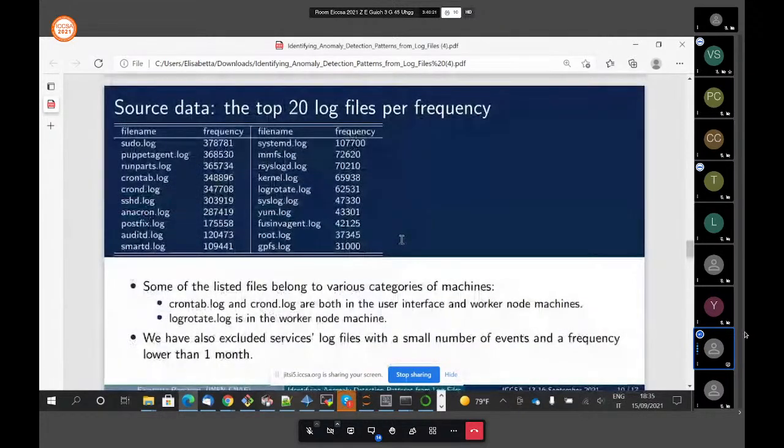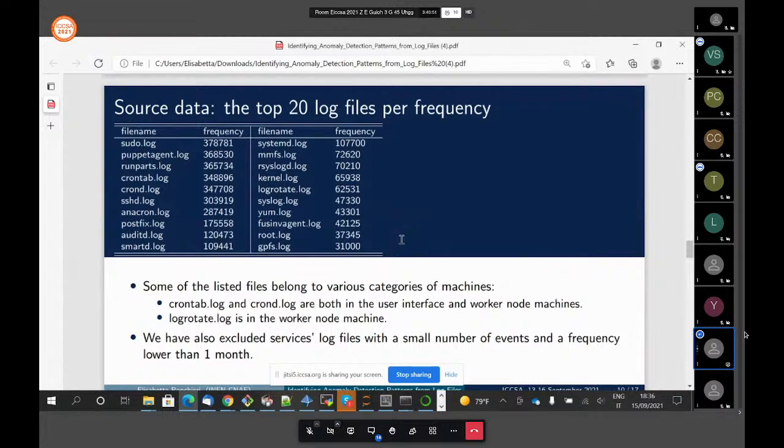So here I summarize the first 20 log files per frequency available at the time of this study. We decided to exclude log files of services with a frequency lower than 1 month, because we consider them not important for the study.